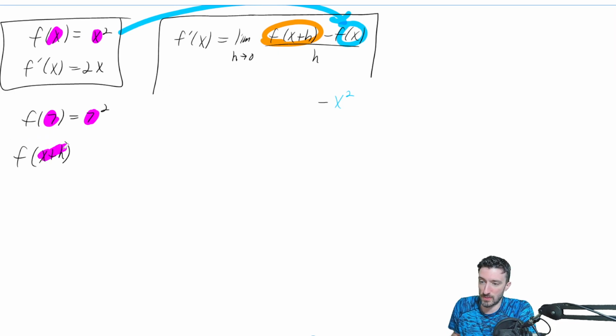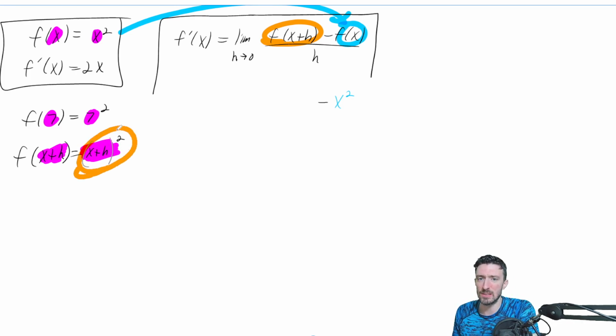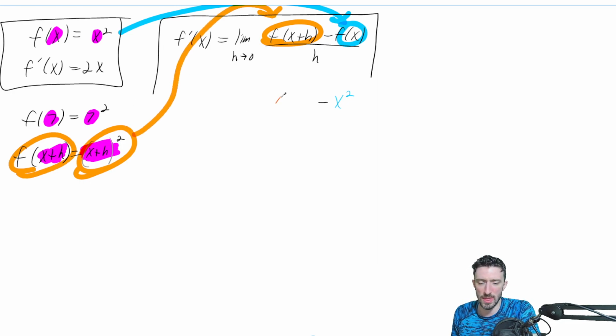So instead of 7, I'm going to have to put x plus h. Now I have to square that. So because I got to square it, I need parentheses there. So it's actually (x plus h) squared. That is all equal to f of x plus h. So we're going to put that in right over here.